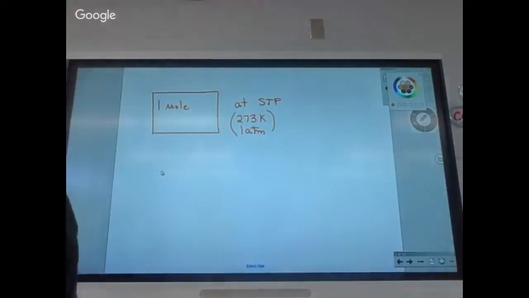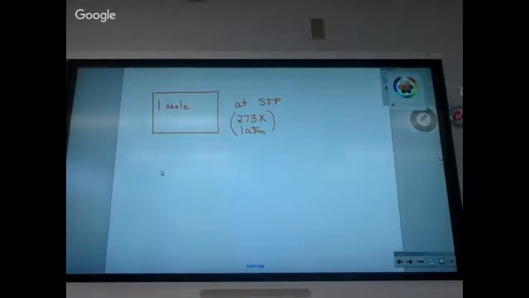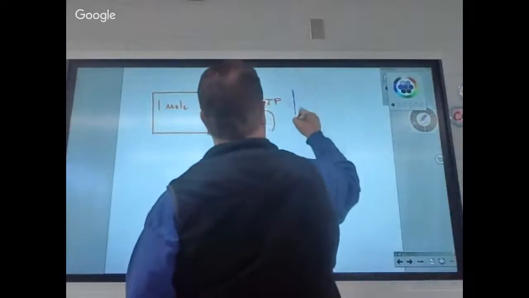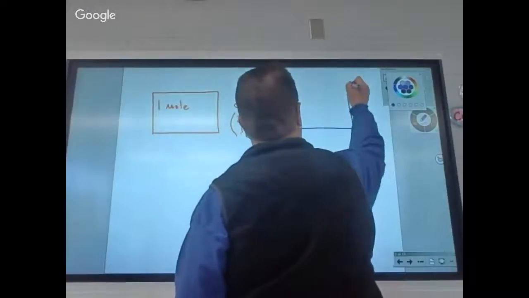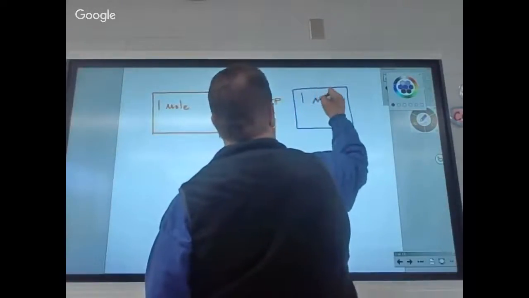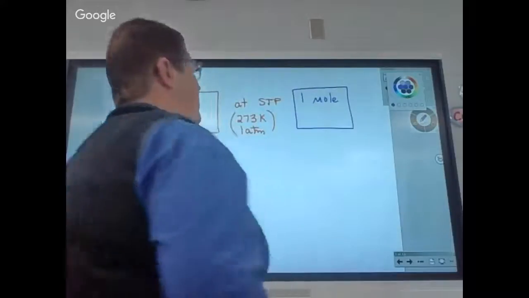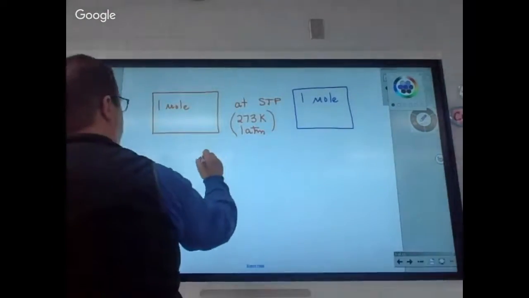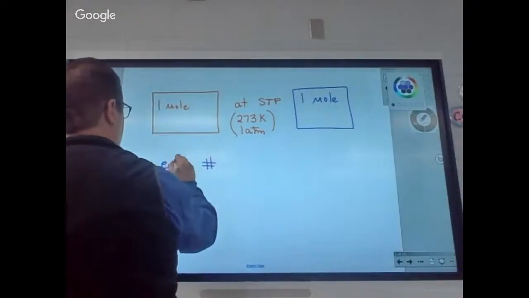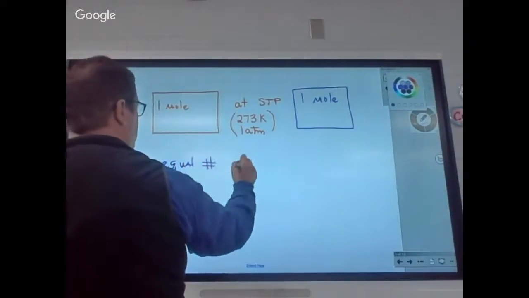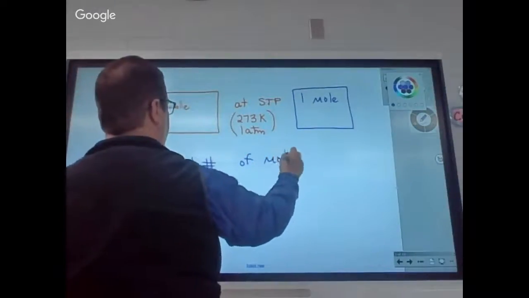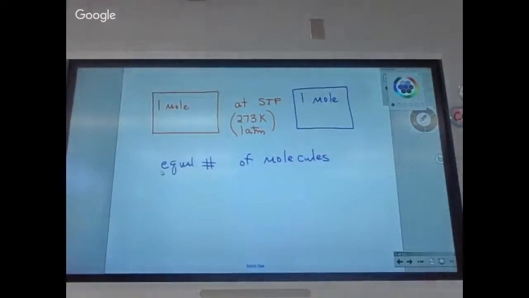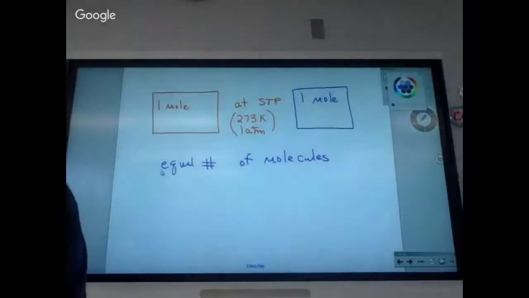So if he knew there was 1 mole in the container, all right, if he had another container and he also put 1 mole in it, all right, and he works backwards this time. He says, I have equal numbers of molecules. All right, if he works backwards, what can he assume about the volumes?